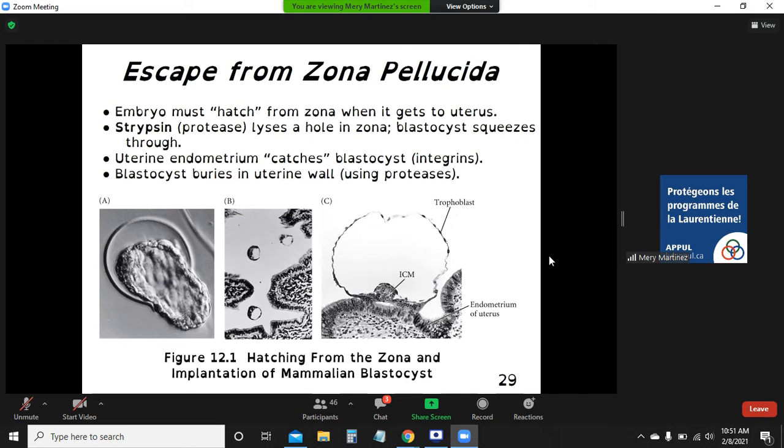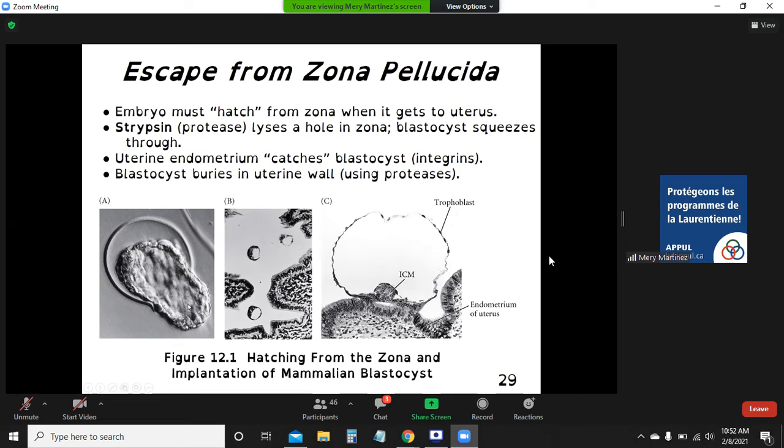When the embryo reaches the uterus, it must hatch from the zona pellucida that we see in here. This is made through the secretion of strypsin, a protease on the trophoblast cell membrane that makes a hole in the zona pellucida, and the blastocyst starts squeezing out through that hole.